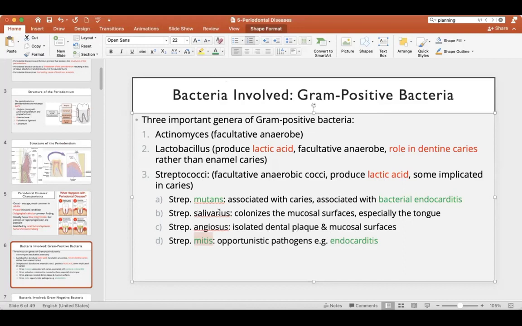Okay, salivarius, saliva. Saliva is in the tongue. Oh, this is not a good color, I think. Let's just change to blue. Okay, blue. So tongue. Okay, that's good. We have a way to remember these.